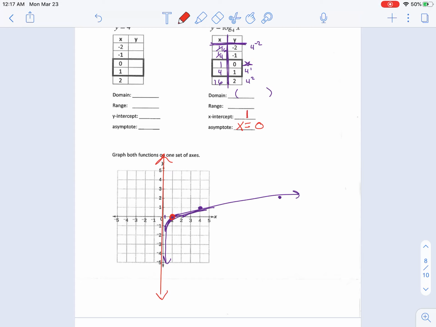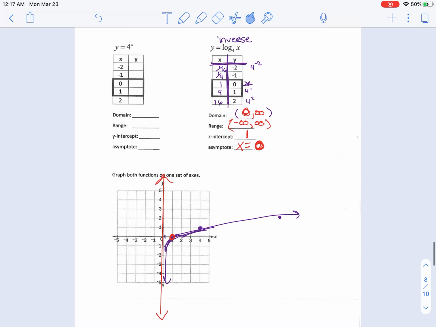So my x-intercept is 1. My range goes from -infinity to infinity. My domain goes from 0, because of that 0, to infinity.